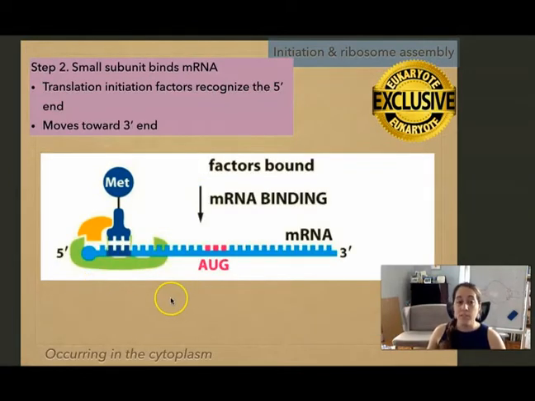All right, so next we add the mRNA. So the mRNA can bind to the small ribosomal subunit when it's bound to the translation initiation factors, which also associate with the mRNA, and then the methionine tRNA is going to interact with the mRNA as well.